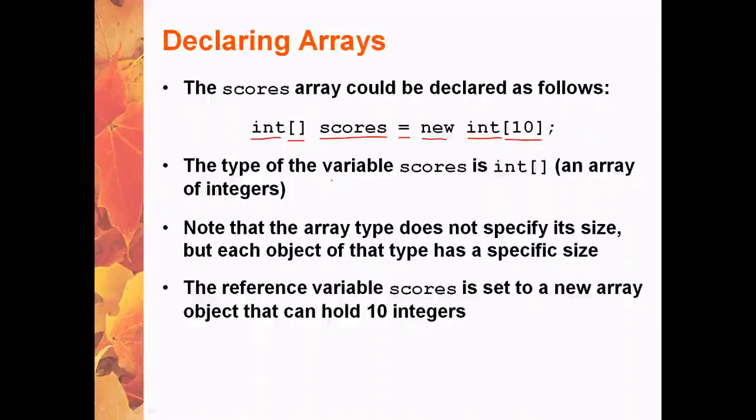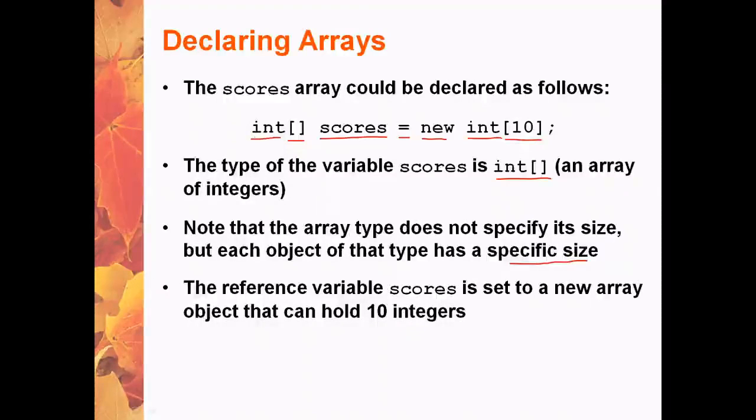Now the type of variable scores is int, an array of type integer. Note that the array type does not specify its size, but each object of that type has a specific size. So every element which you store inside the array has a specific size, and that size depends on the type of your array.